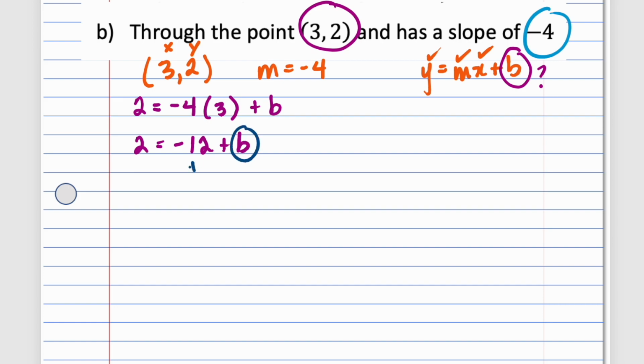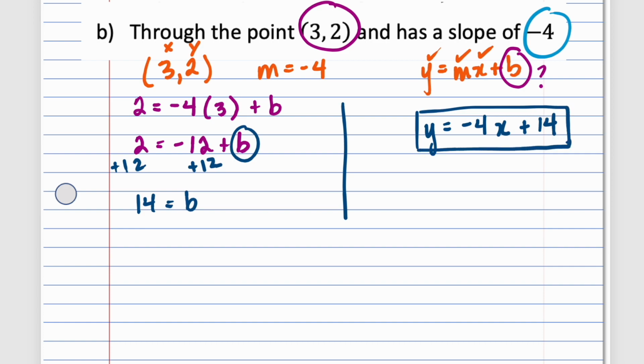Solving for b, we'll add 12 both sides. And we get b is equal to 14. Therefore, we have the y-intercept of 14, the slope of -4, and we can plug in any value for x and get a y. There are infinitely many points on a line.